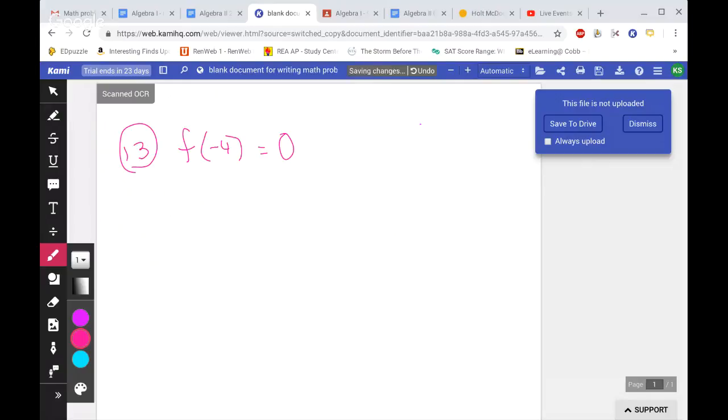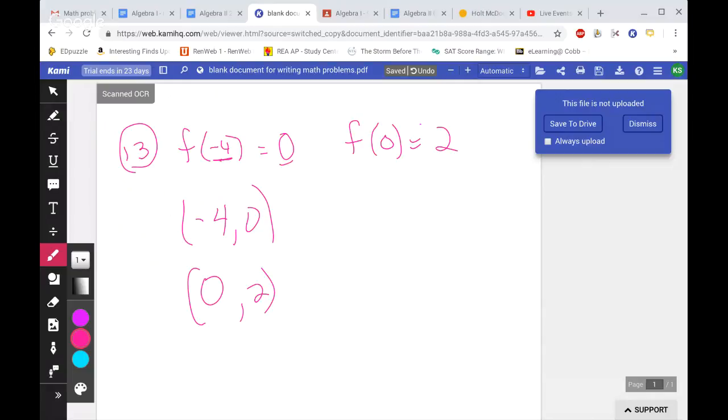Okay, what's the other one? F of 0 equals 2. Okay. Did I write it correctly? Yes, ma'am. Okay, so this is a point, and this is a point. So you take out that's your x, and this is your y. This is your x, and this is your y.